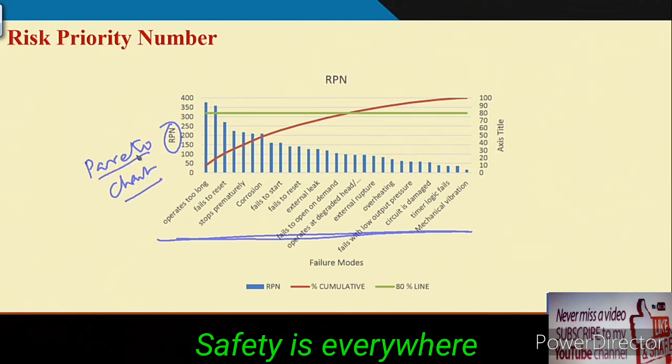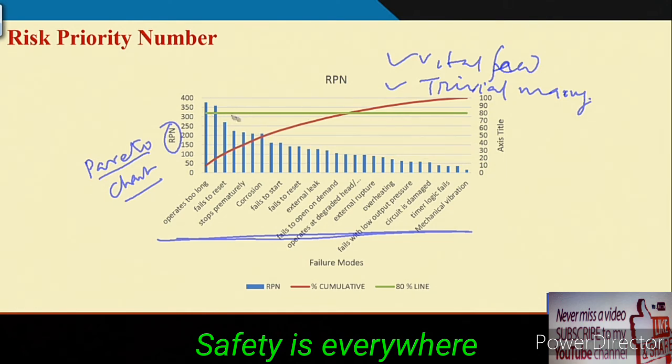This Pareto chart is basically about the vital few and trivial many. The purpose is to find out the vital few and trivial many.